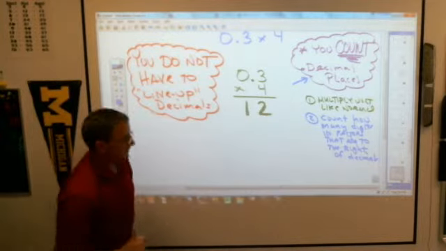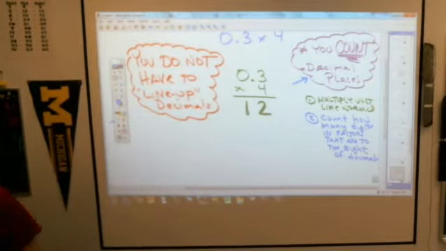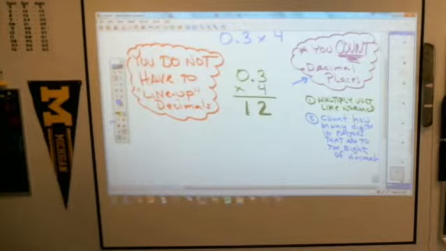I'll give you time to write that down, and then we'll talk about what that means. Count how many digits in the factors that you multiply are to the right of the decimals. Look at all the little bubbles we got going on there.